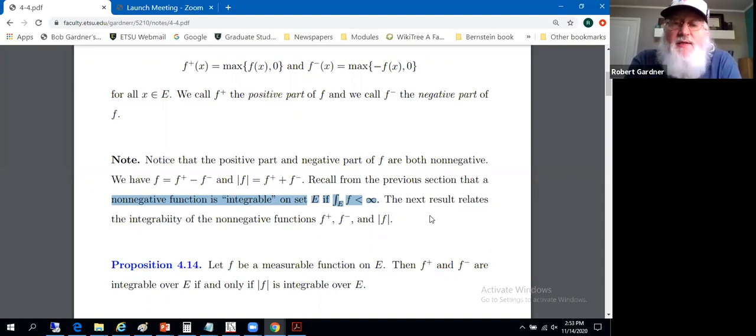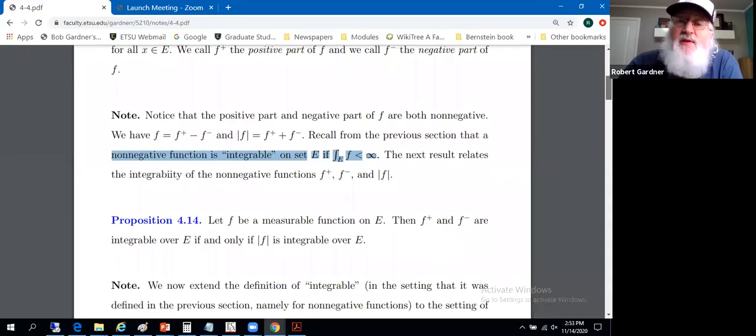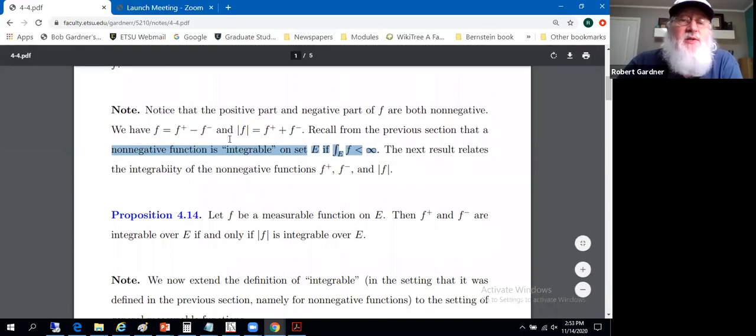So what we're going to consider in this section is integrable functions on a set E. And this will ultimately accomplish the avoidance of the infinity minus infinity arithmetic that could definitely appear, especially if we just mindlessly try to write the integral of function f as the integral of the positive part minus the integral of the negative part. Those could well both be infinite, and we got a problem.